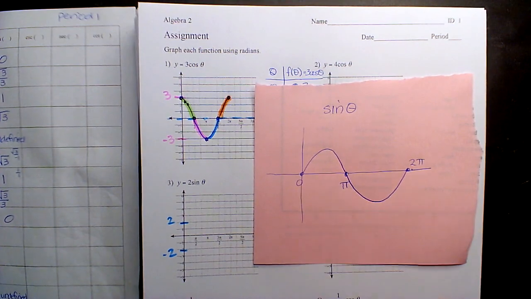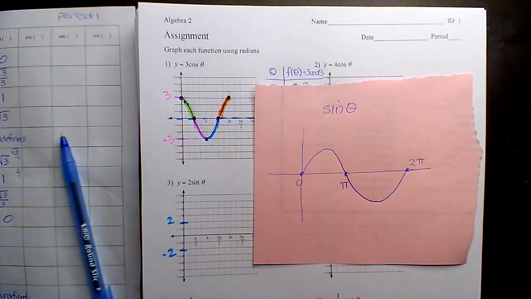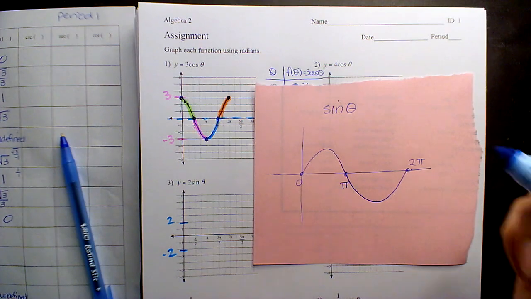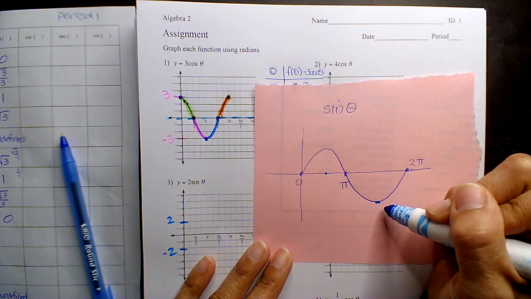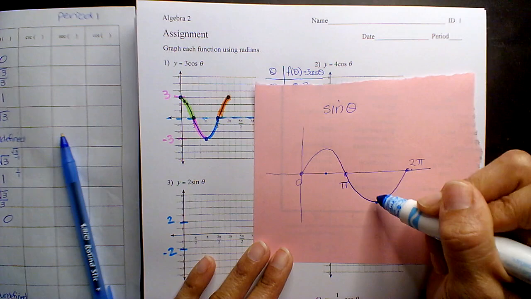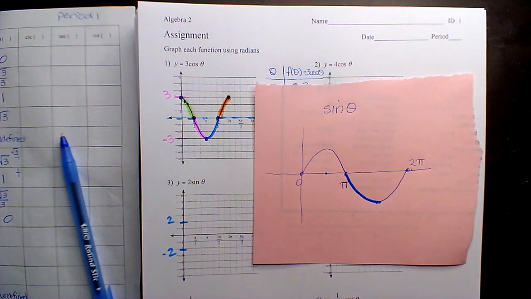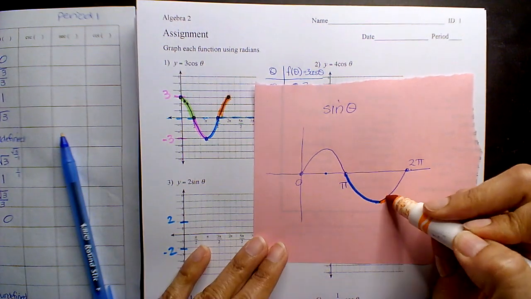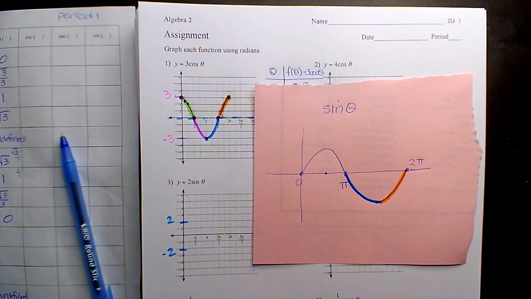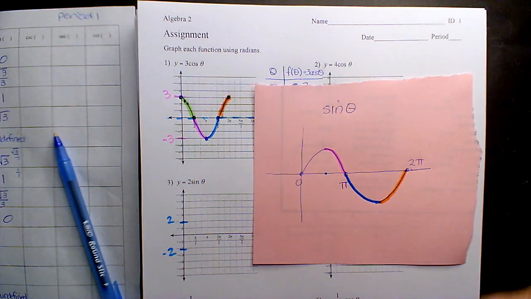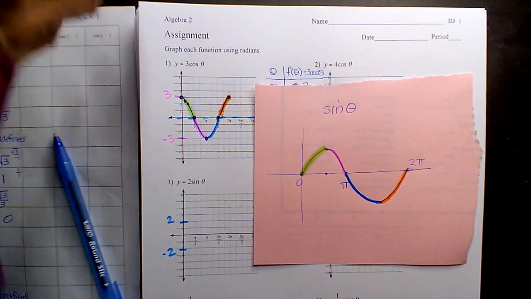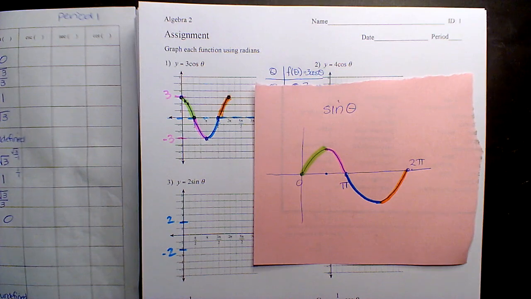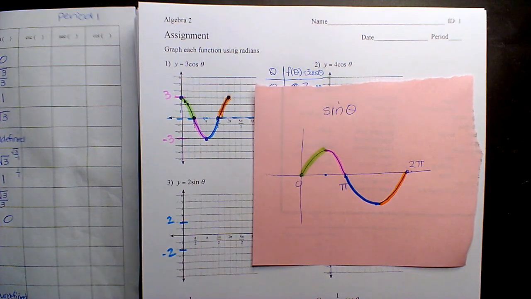And then you guys have your quadrants. Okay, guys, I'm recording. So look, you have a cosine function here, you have a sine function here.